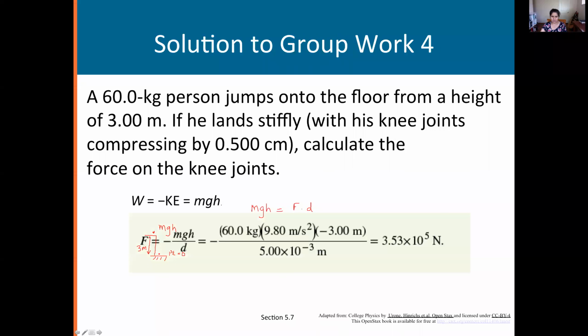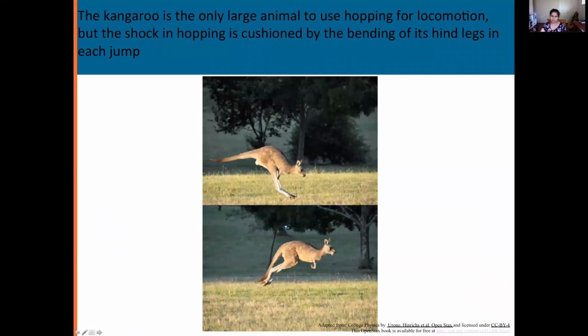Let's look at the solution. mgh divided by d is going to give you something of the order of 10 to the power of 5 newtons. That's a significant force on his knee. So you want to be careful when you jump, you're absorbing quite a lot of force into your body.